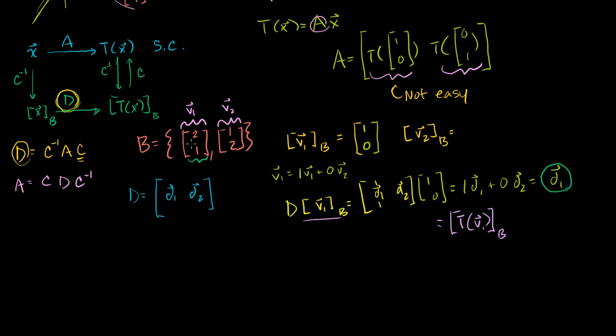It's 0 times v1 plus 1 times v2. So it's going to be 0, 1. And you're going to see this is generally the case. When you think about it, it's almost ridiculously obvious that the first basis vector is 1 times the first basis vector plus 0 times the second basis vector. And if you had n basis vectors, it would be 1 times the first basis vector plus 0 times all of the other ones.